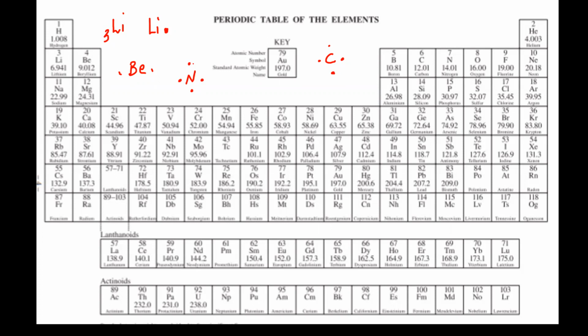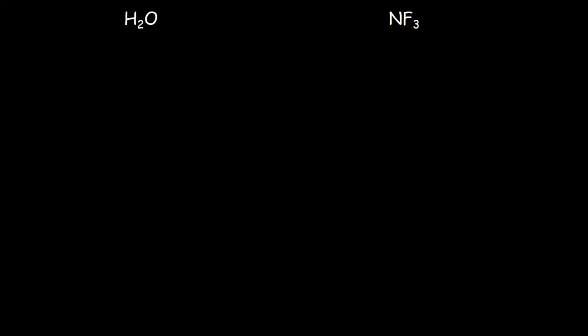So the 5th electron is like this. So we start pairing that. And then oxygen in group 16, 6 electrons, 1, 2, 3, 4. And then we start pairing 5, 6.